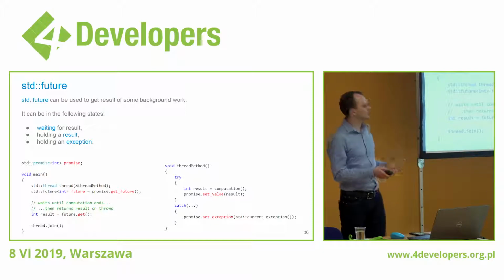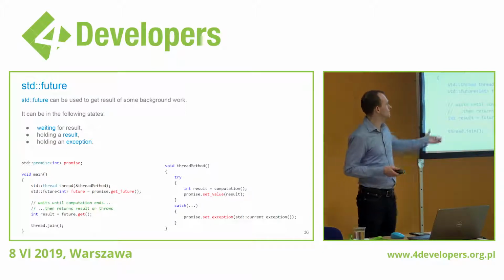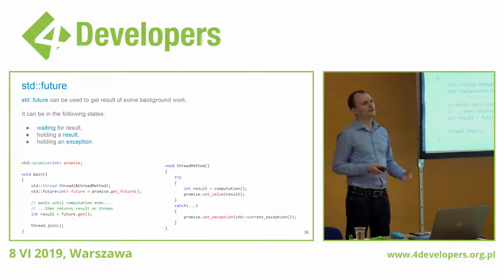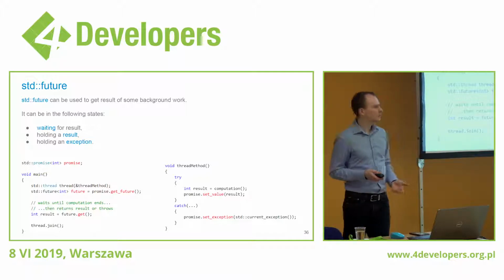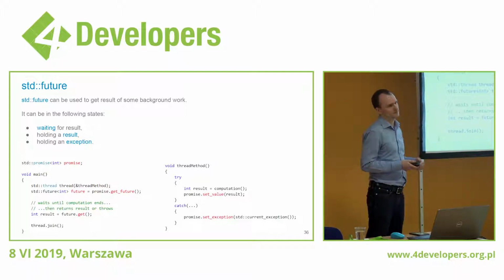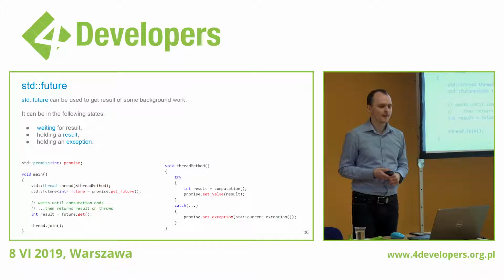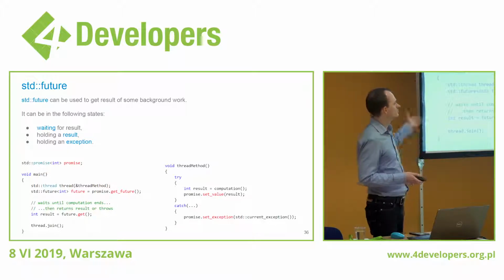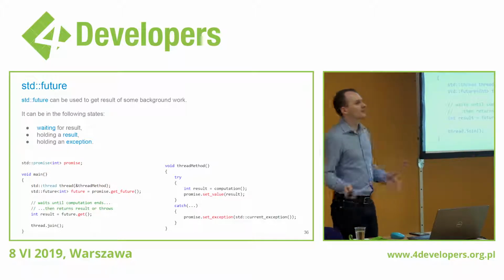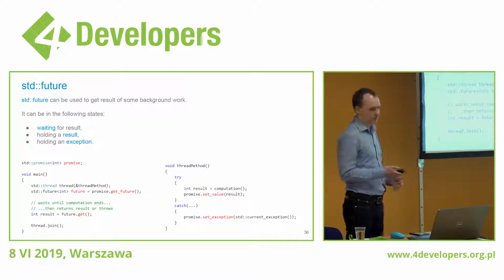And if the value arrives, we will get it. And if an exception arrives, it will be rethrown from here. So this is also a way to propagate exceptions from a background thread.